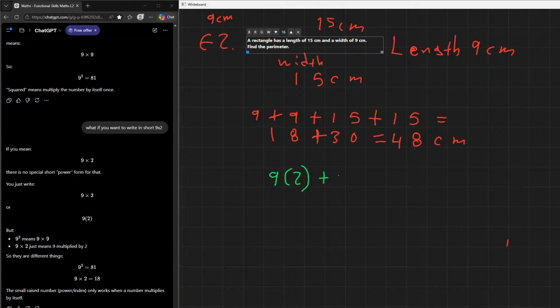So this one we said can be written as 9 plus 15, or we can do 9 times 2 plus 15 times 2. The 2 is because there are 2 sides, 1 and 1. Anyways, so the perimeter is 48 centimeters.